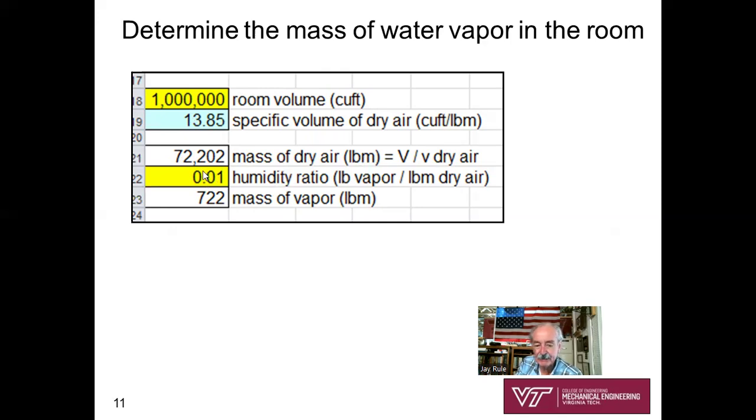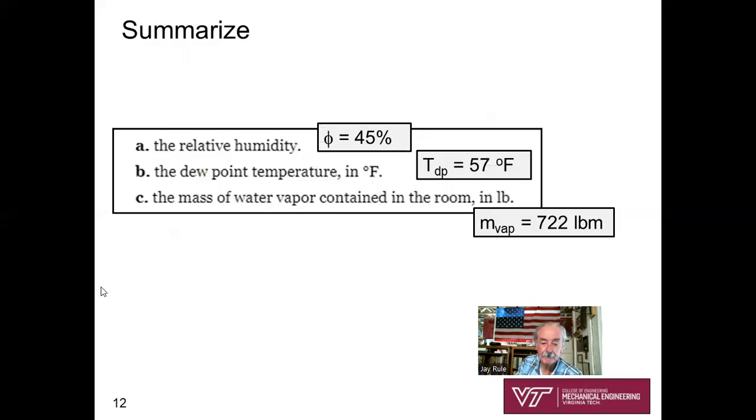Then we're going to write down our humidity ratio, which was given, 0.010 pounds of vapor per pound of dry air. Just by inspection, you can see that to get our units right, we multiply 0.01 by 72,000 to get 722 pounds mass of vapor floating around in the lecture hall in the air-vapor mixture.